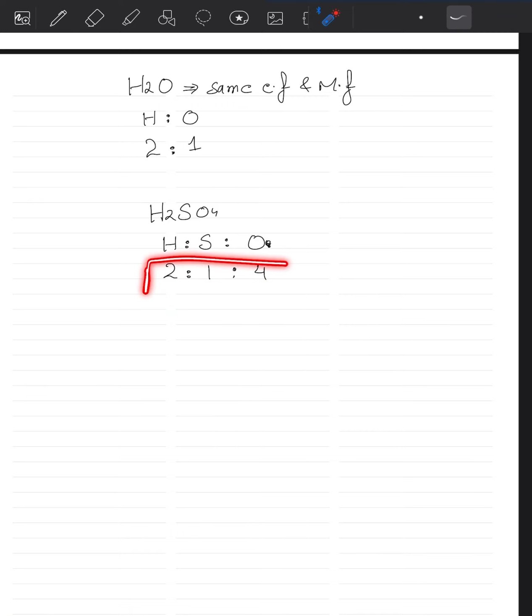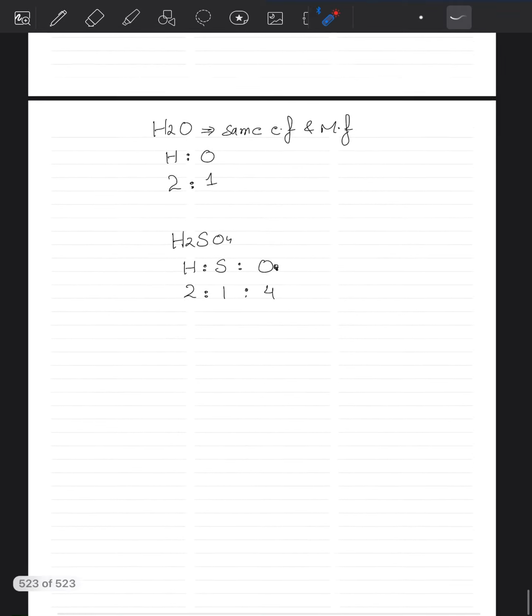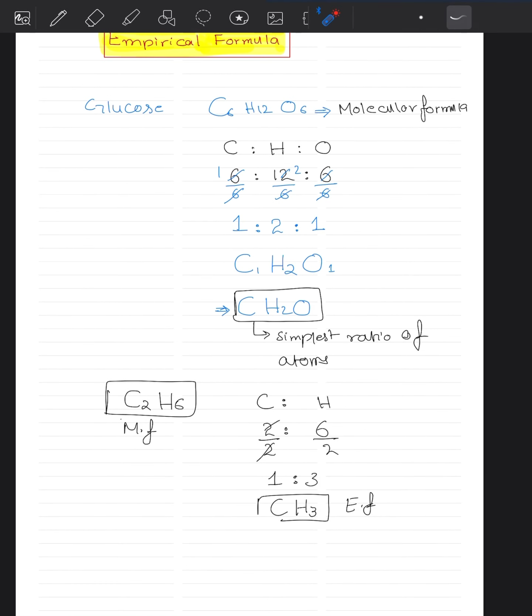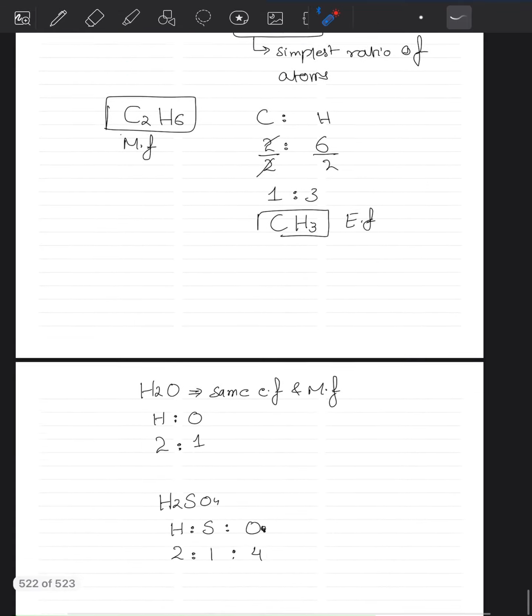So sulfuric acid has the same molecular formula and empirical formula. So for some compounds we have different molecular and empirical formulas, but for some compounds they are the same.